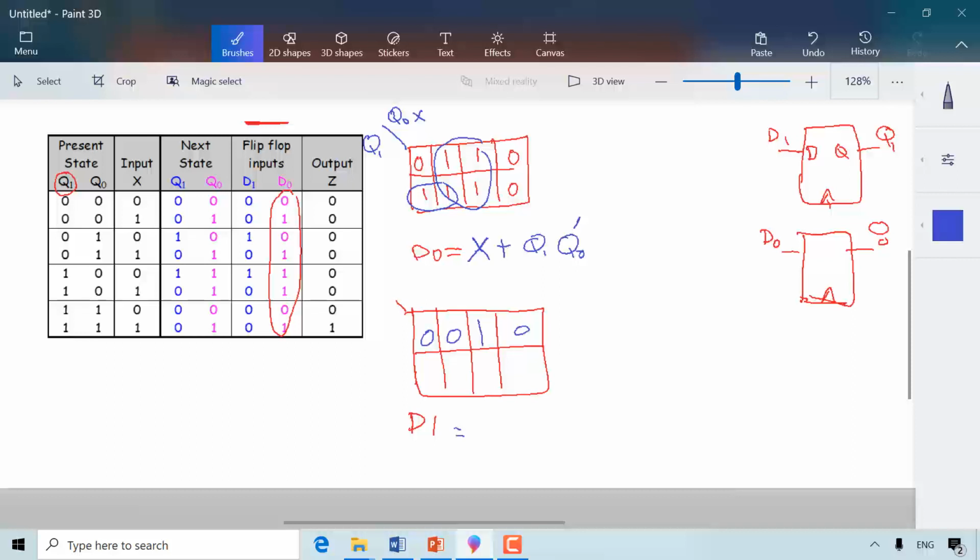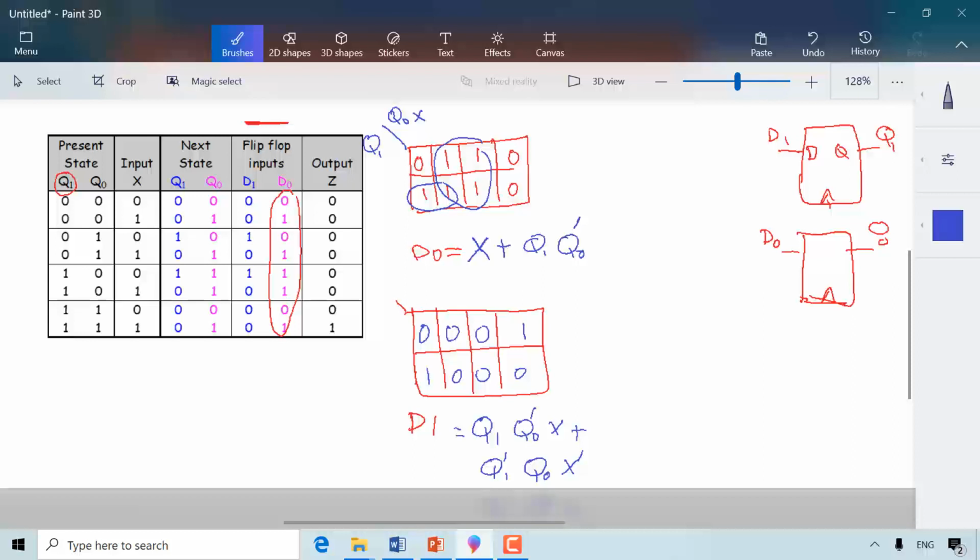For D1, 0 0 1 0 and 1 0 0 0. So this equals Q1 Q0 prime X or Q1 prime Q0 X prime. Now I can draw their circuits.